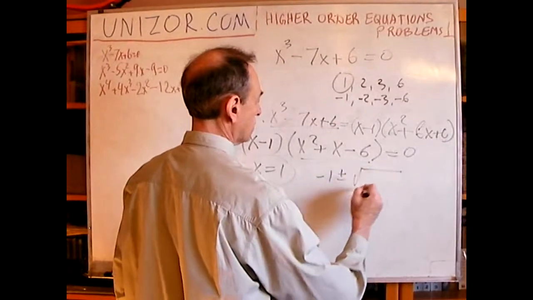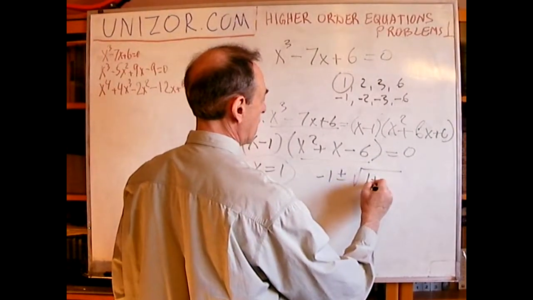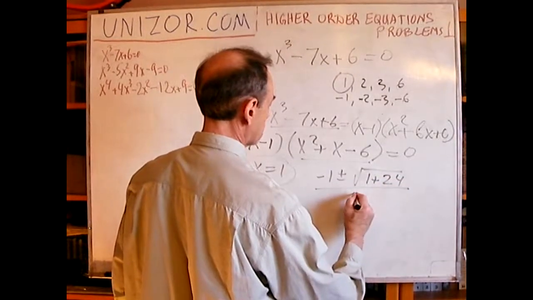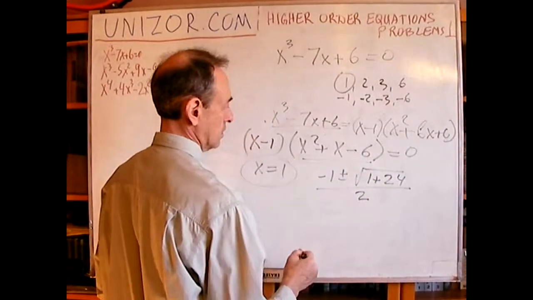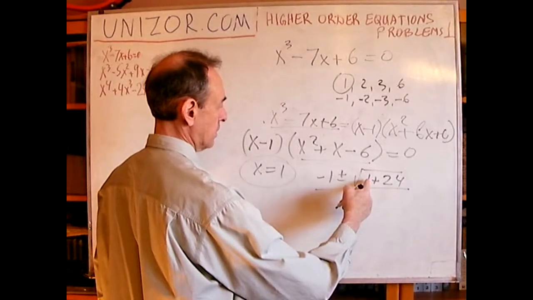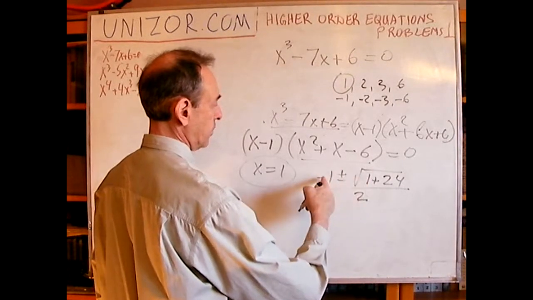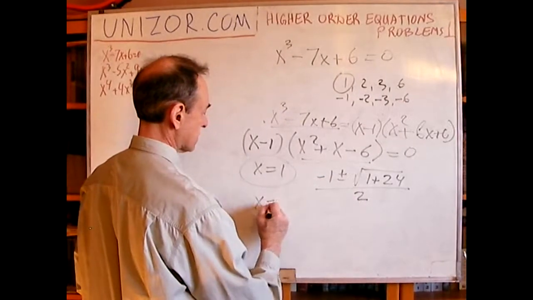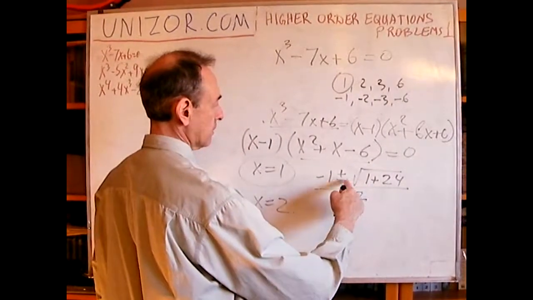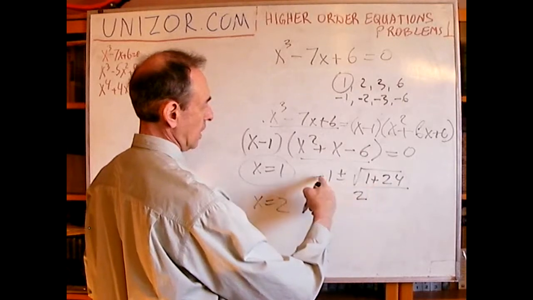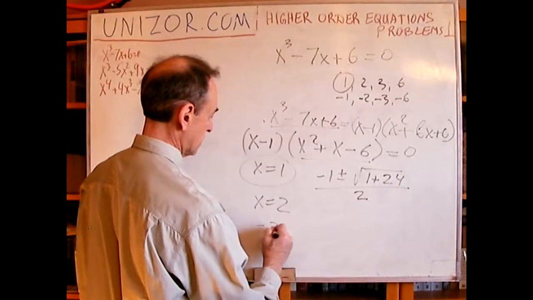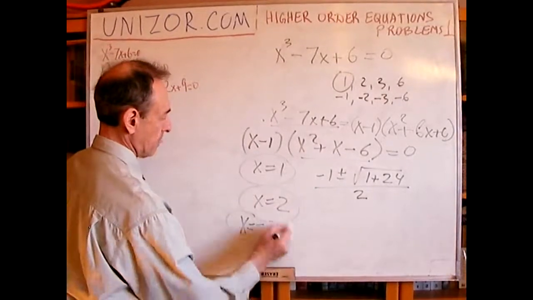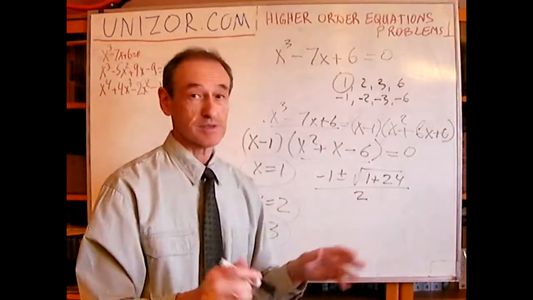So this is minus 1 plus or minus the square root of 25 divided by 2, right? So it's 5 minus 1 is 4 divided by 2, so x is equal to 2. And if it's minus 5, it's minus 6 divided by 2, so minus 3. The same three solutions which I have kind of guessed before.